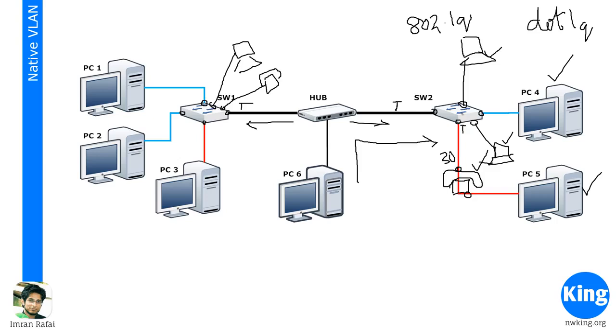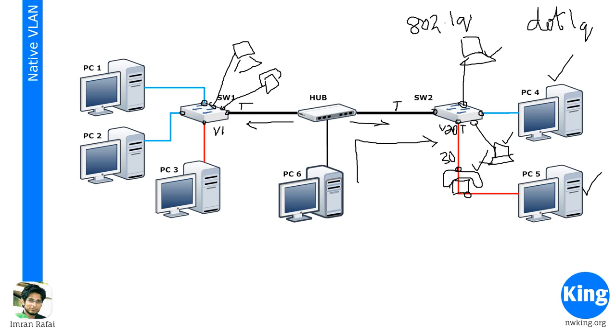Now the question is this: can you change the native VLAN? And the answer is yes, you can change the native VLAN. But the only challenge when you do that is, like I said, the native VLAN is 1 here, right? And the native VLAN, let's say to accommodate this, and since we know red is 20, we change this native VLAN to VLAN 20, right?